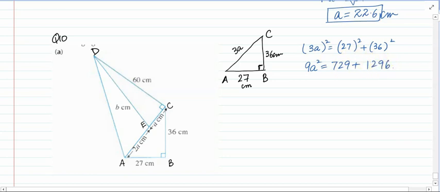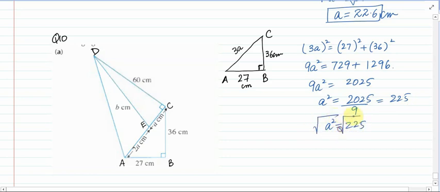If you add these two values, 9A square is equal to 2025, A square is equal to 2025 divided by 9, which is 225. So A square is 225. Now you need to take root on both sides. So A is 15.